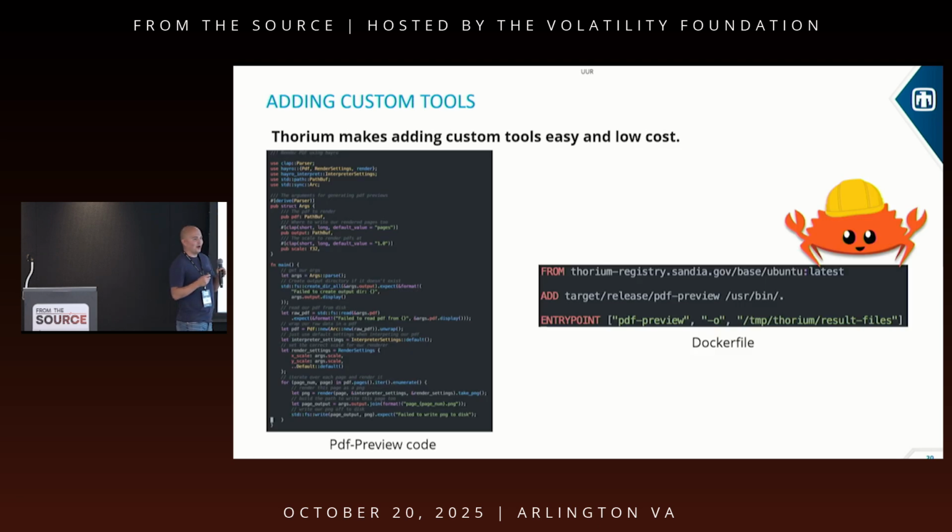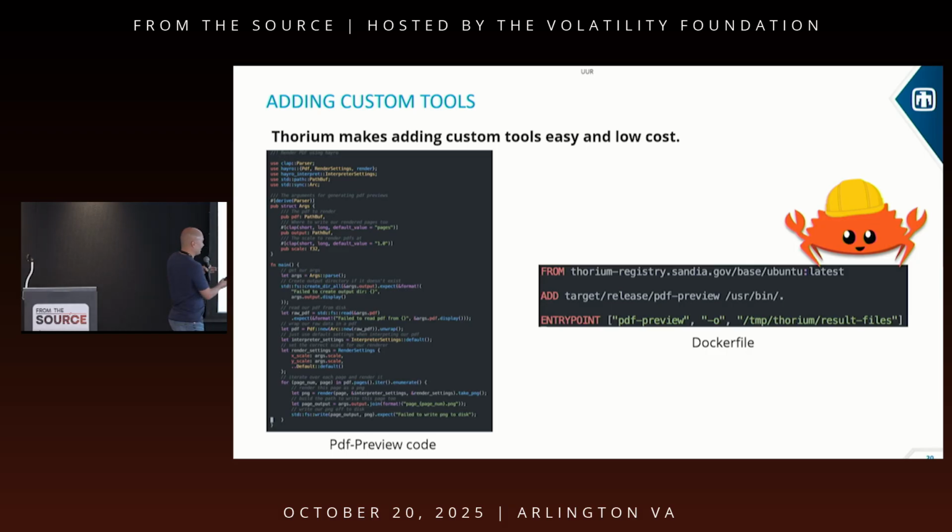So now our goal is, okay, can we get a preview of that probably bad document? So to pull a tool into Thorium, all you need is a Docker file and the tool if you are going to run it within K8.